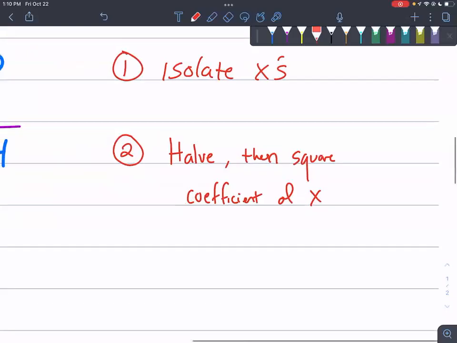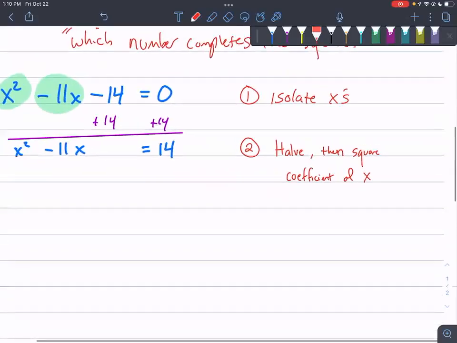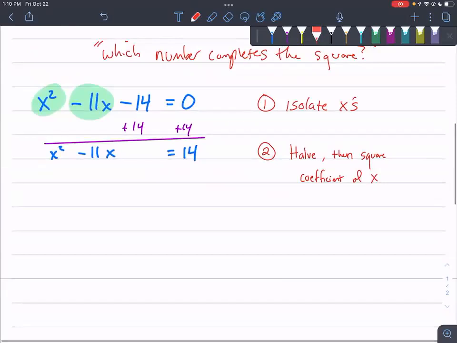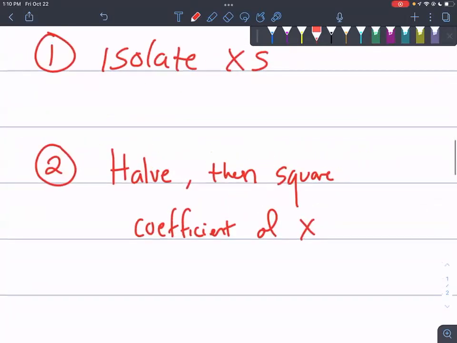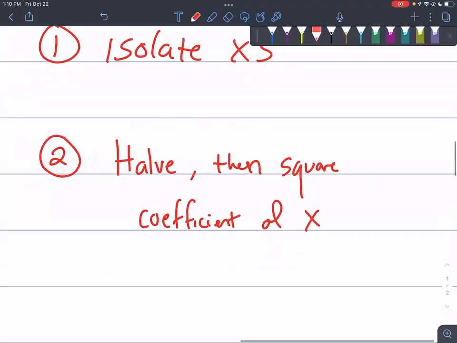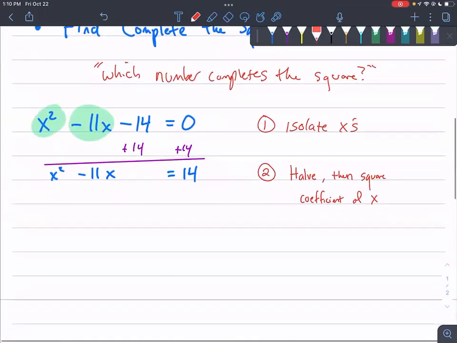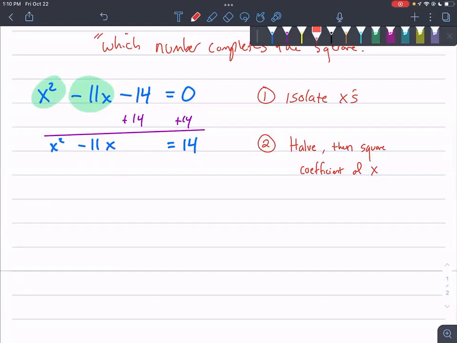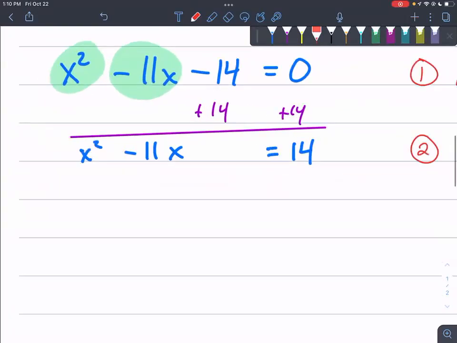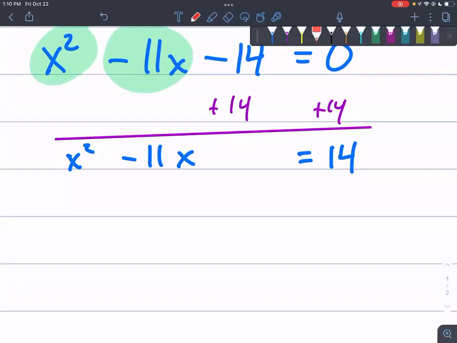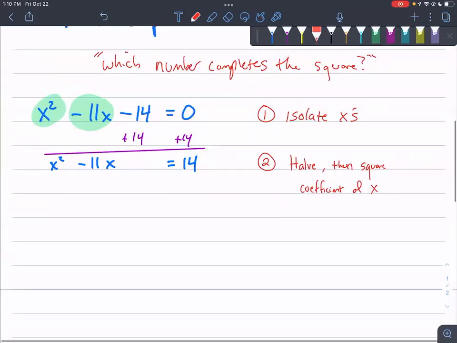I'll talk a little bit more about that. Halve, H-A-L-V-E, then square the coefficient of x. So what's the coefficient of x? Close. Negative 11. The coefficient of x is negative 11.